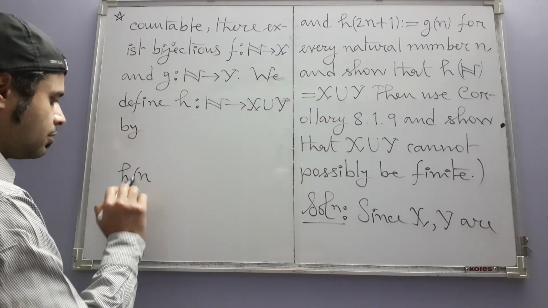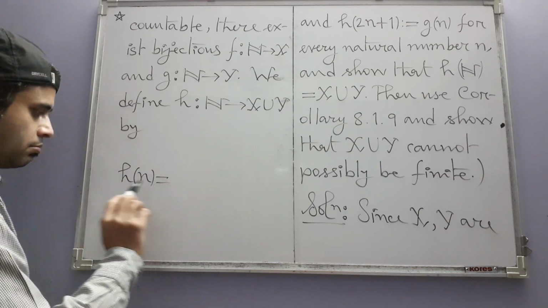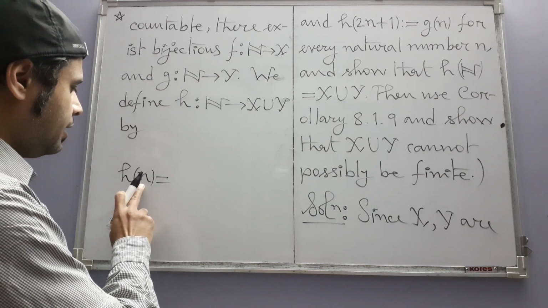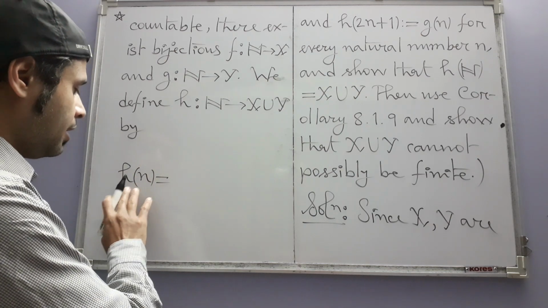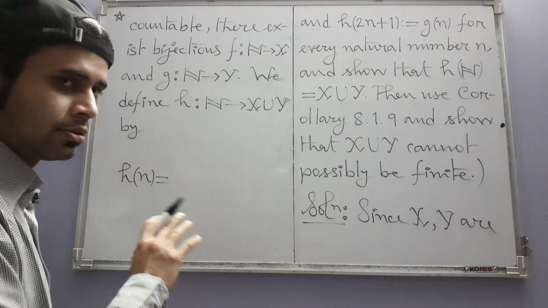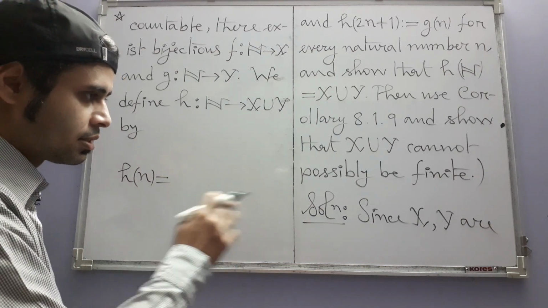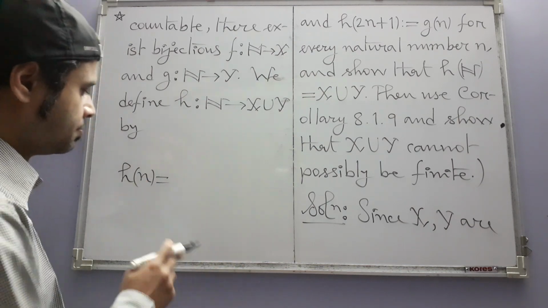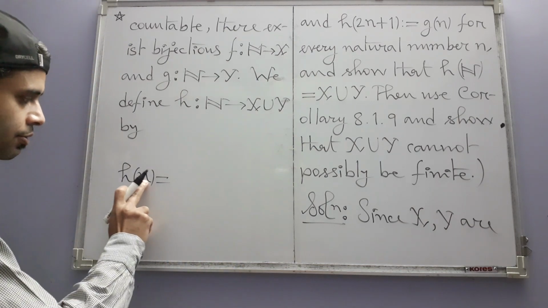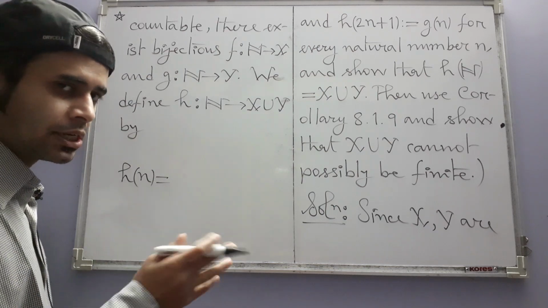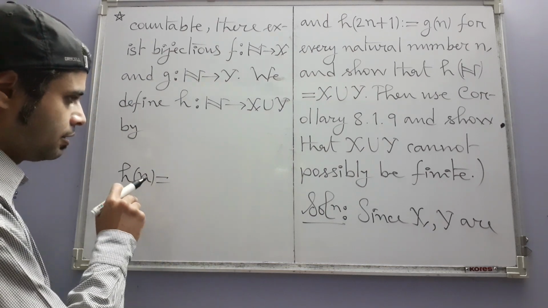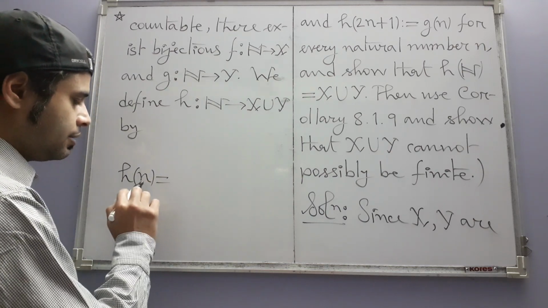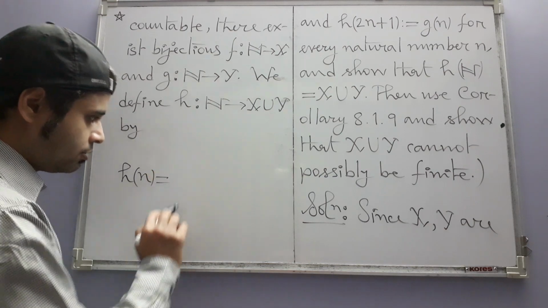H of n. In the original hint, it's given slightly differently. That is, h of an even input has been defined separately, and h of an odd input has been defined separately. Here, however, we are not going to take 2n or 2n plus 1, so we are just simply going to take n as an even natural number. Now, depending on whether n is even or not, we are going to define it.